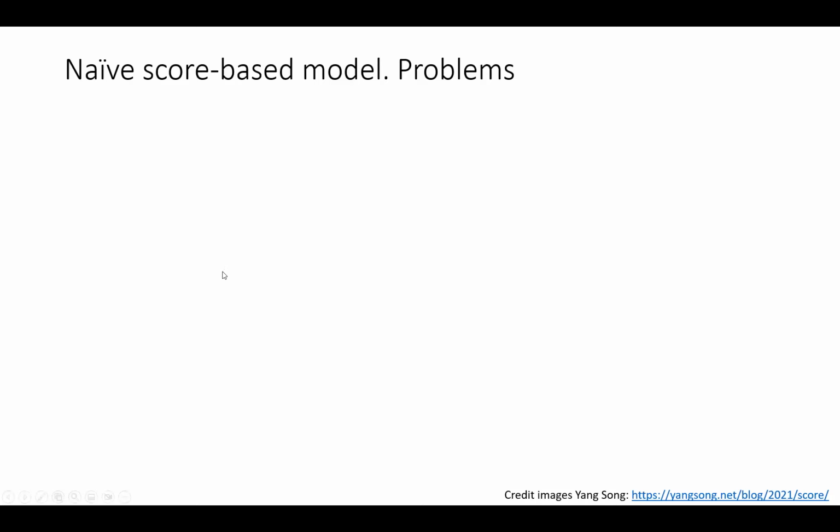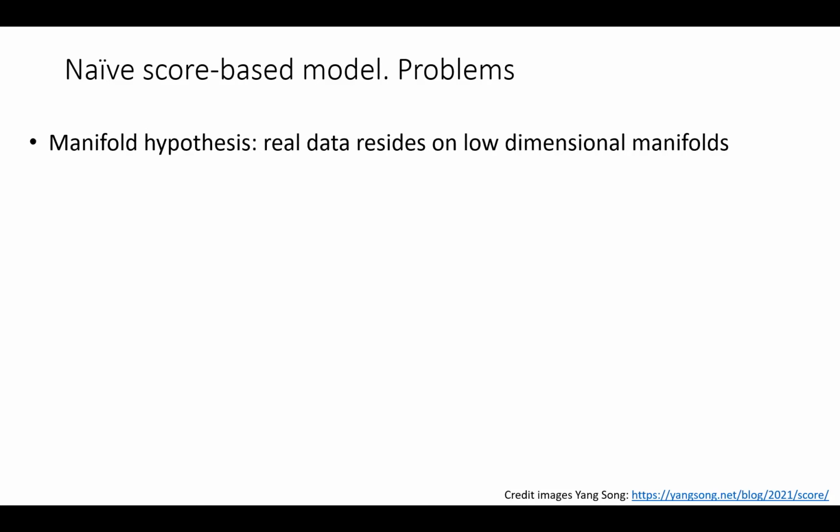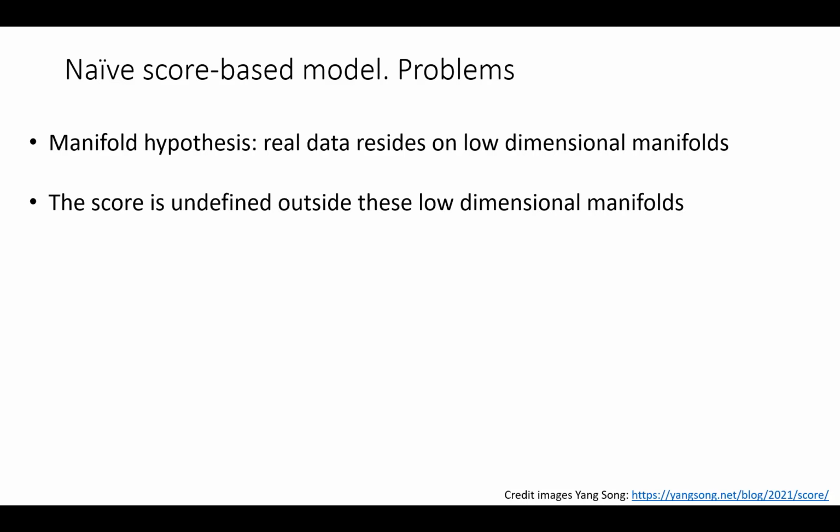Okay, so naive score-based modeling has problems. There was a nice simple thing there, but it has problems. And what are the problems? The real data resides on low dimensional manifolds. In this situation, the score is undefined outside those low dimensional manifolds.